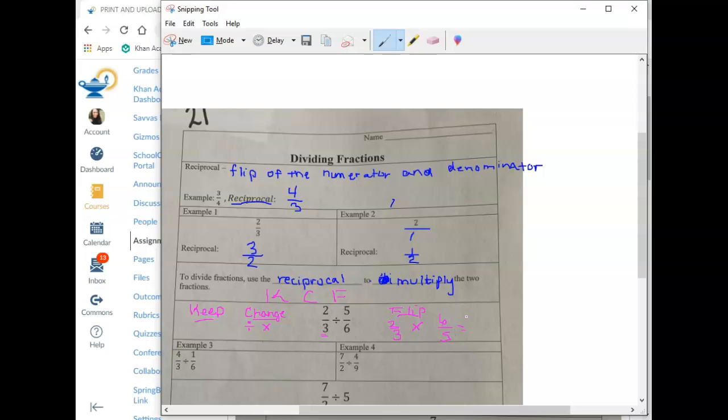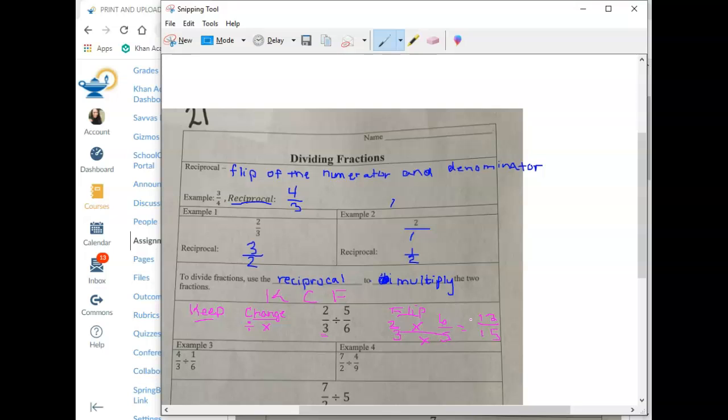Now, Andrew, we notice this is the same as what now? Yeah, this is now multiplying fractions. We know how to do this. Multiply top and bottom, right? So this is just 12 over what? 12 over 15.